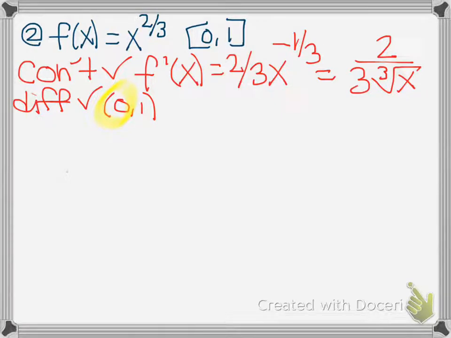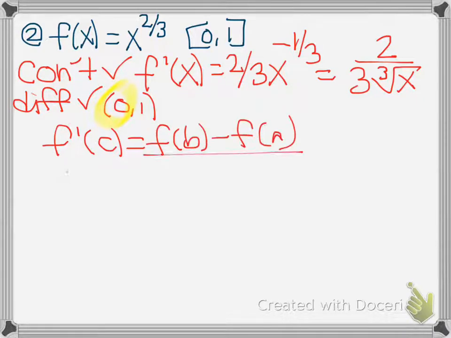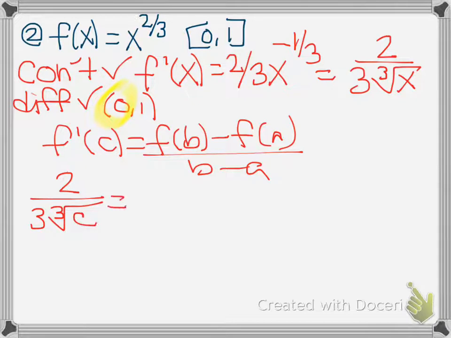So again, what this means is f prime of c equals f of b minus f of a over b minus a. So here we go. That means 2 over 3 cube root of c equals, plug in 1, plug in 0 over 1 minus 0.